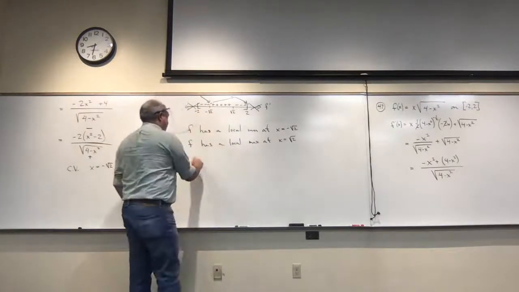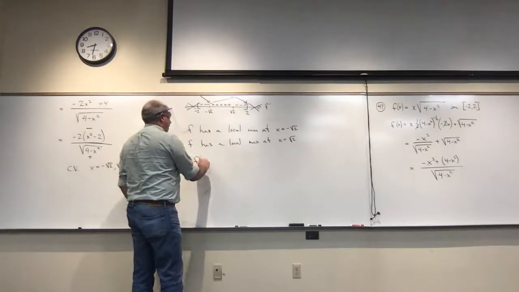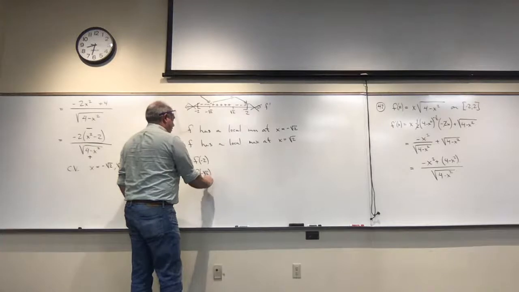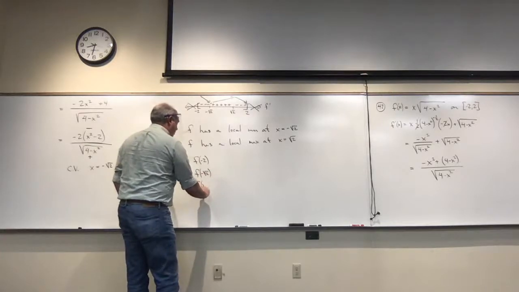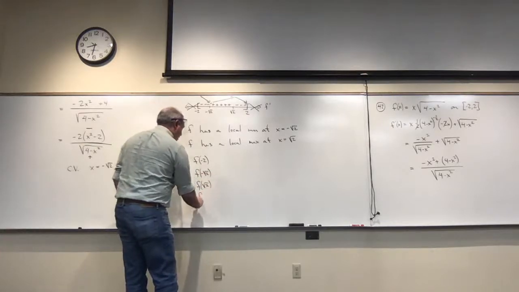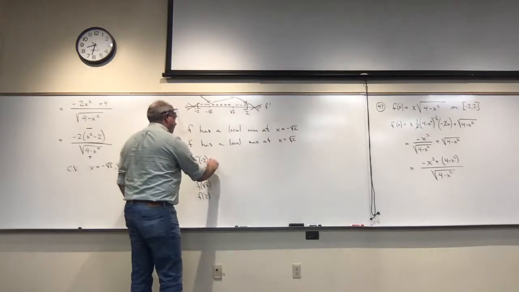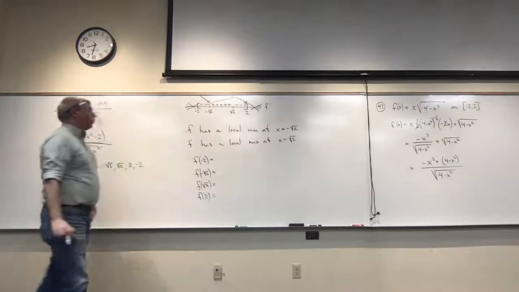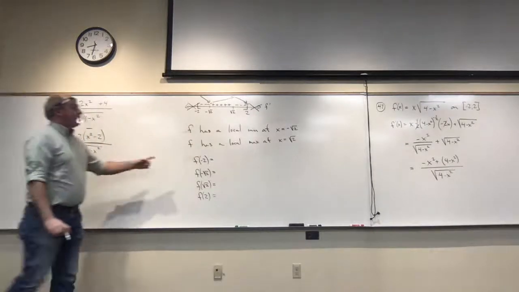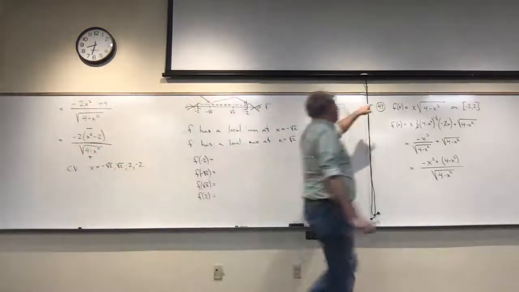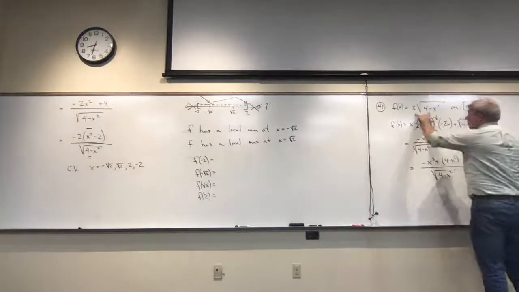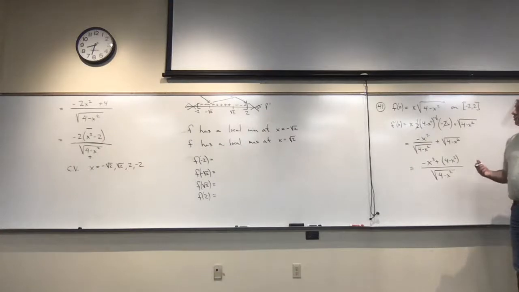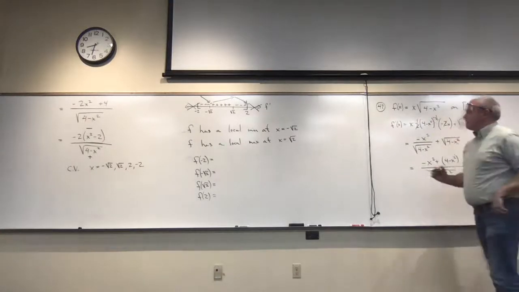So we just need to find what's f of -2, what's f of -√2, what's f of √2, and what's f of 2. And this is going back into the original function, right? Not into the derivative function. So what's f of -2?